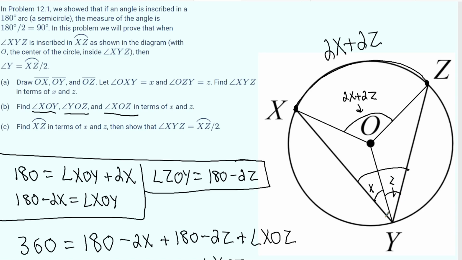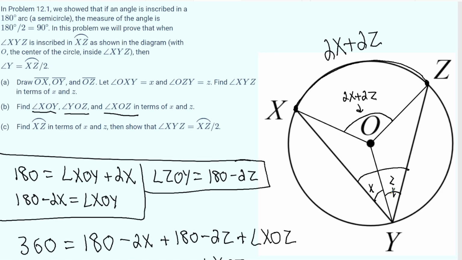And through all our work, we found that the arc has a measure of 2x plus 2z, meaning that the arc is twice as big as that inscribed angle that we started with in the beginning of the problem.